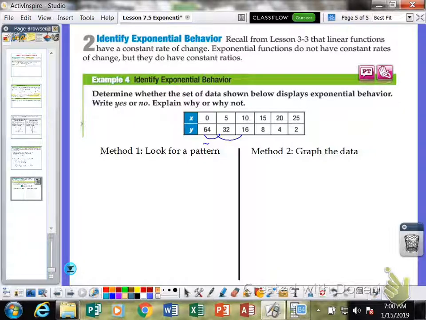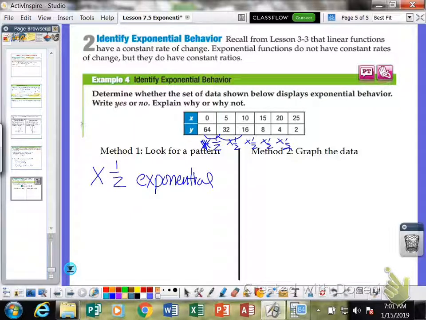But we don't say divide by 2, we want to say multiply by a half. We always say multiply. Even though I know we're thinking division, it's multiplying by a fraction. Because we're multiplying by a half every single time, this is exponential. So that's the pattern because of the multiplication of that part.